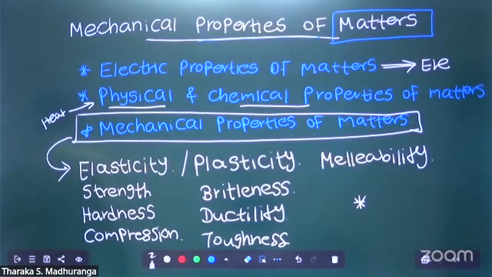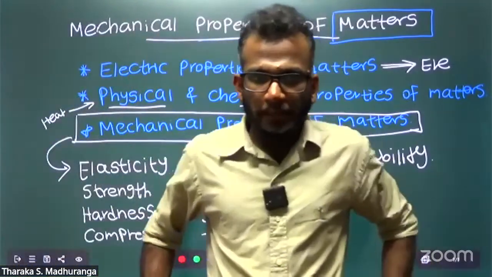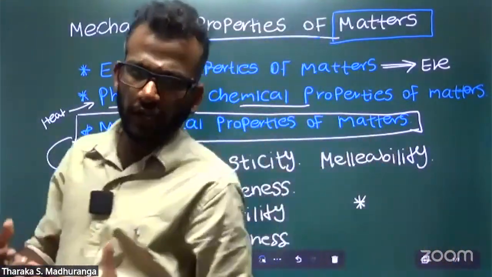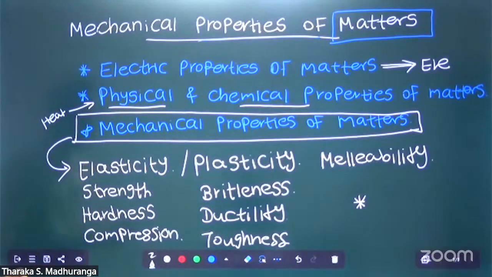They are examples of mechanical properties of matter: elasticity, plasticity, strength, ductility, malleability, brittleness, toughness, compressibility, hardness.